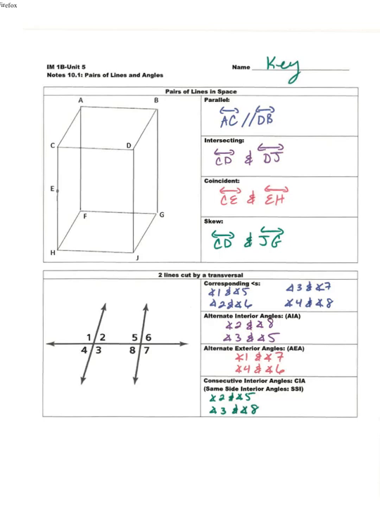So they're on the same side of the transversal, interior to the two lines. So they're either both on this side or both on this side, but they have to be in between the two lines. So 2 and 5 are CIA, 3 and 8 are CIA. And we are done with the types of pairs of lines and pairs of angles.